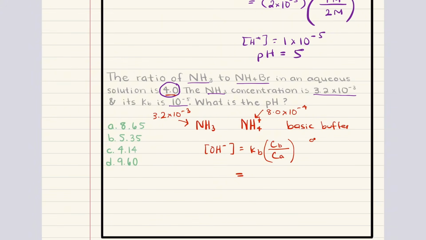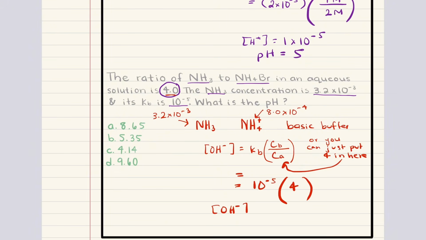Now, using the buffer relationship, the hydroxide ion concentration equals 1.0 times 10 to the negative 5 multiplied by the fraction 3.2 times 10 to the negative 3 over 8.0 times 10 to the negative 4. That fraction is exactly equal to 4. So the hydroxide ion concentration equals 4.0 times 10 to the negative 5 molar.